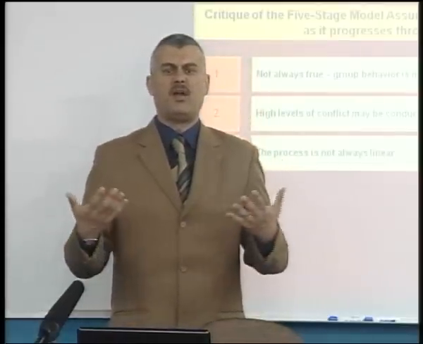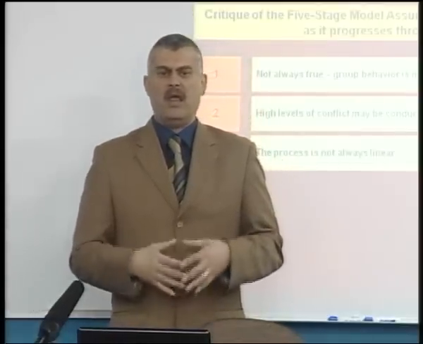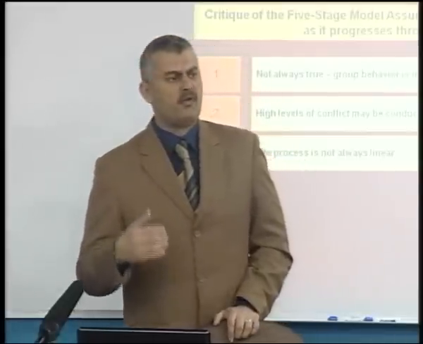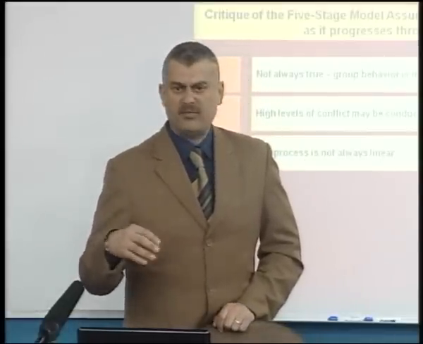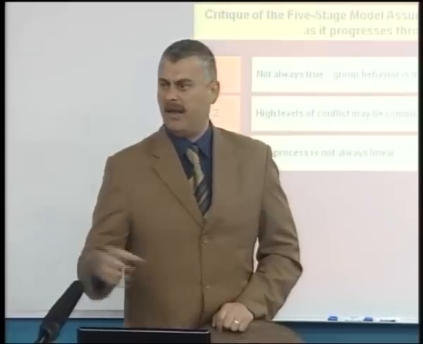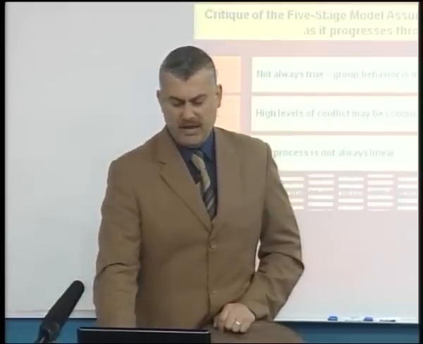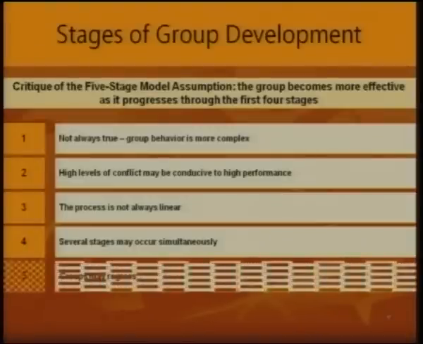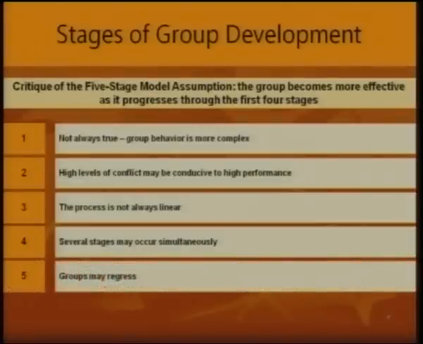Sometimes those stages are going to overlap. Okay, so it is not always a linear or gradual process. Sometimes the process is going to be mixed up across different stages. That's why we say that sometimes those stages might be mixed together, or occur simultaneously.